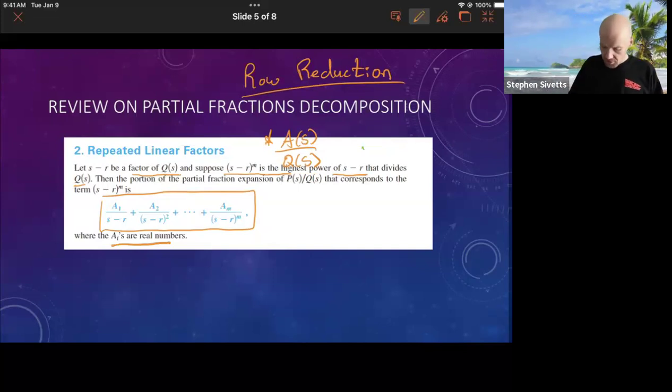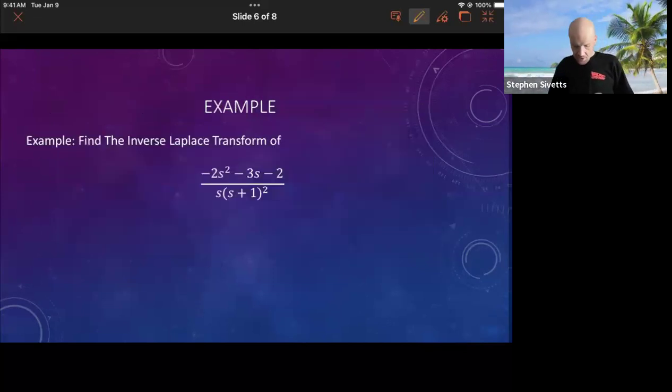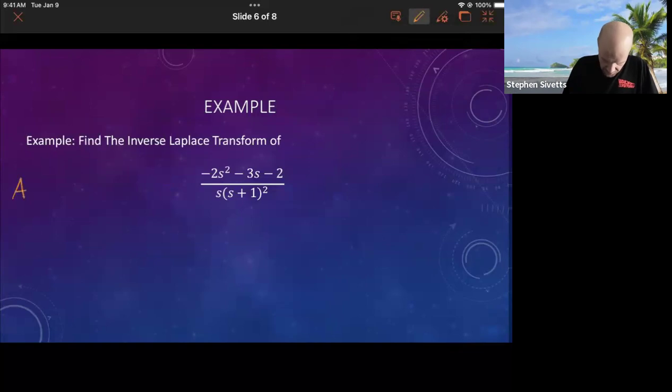With that, let's do another example. We want to figure out the inverse Laplace transform of negative 2s squared minus 3s minus 2 divided by s times s plus 1 squared. Again, we want to apply partial fractions decomposition.